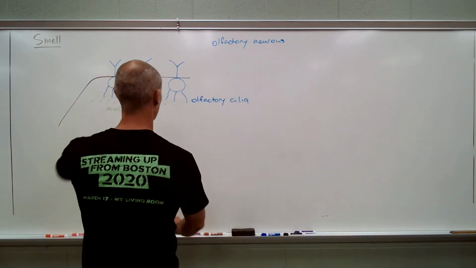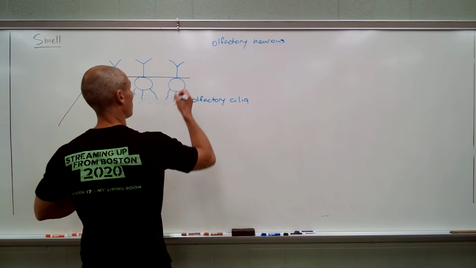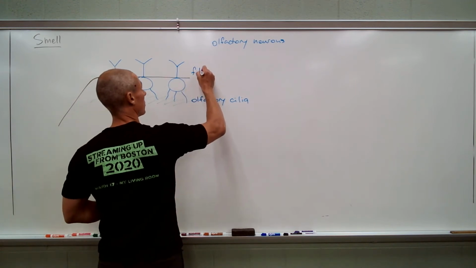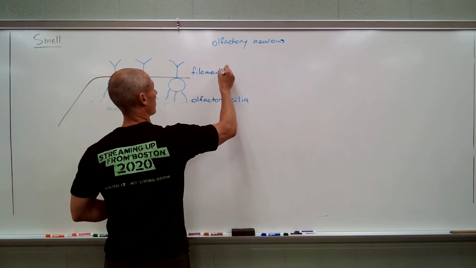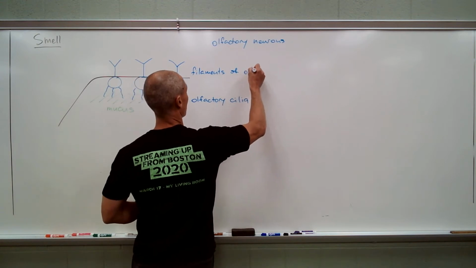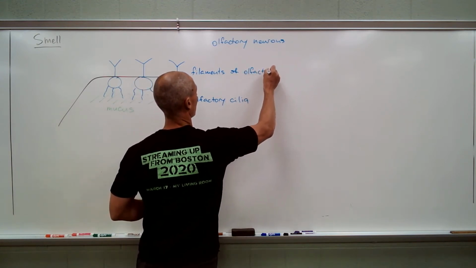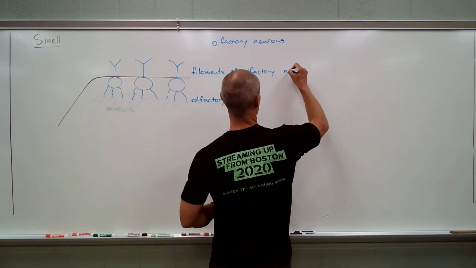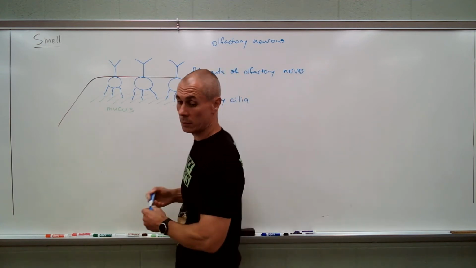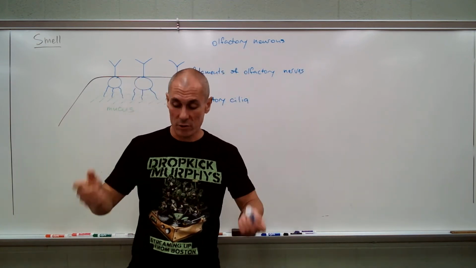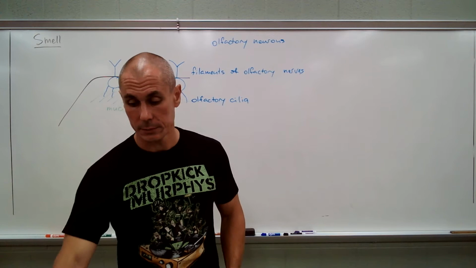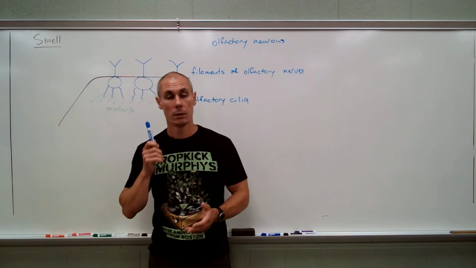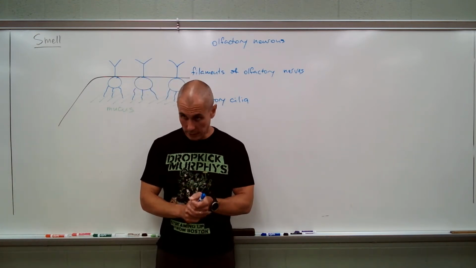Axons here are called filaments of olfactory nerves. Sometimes they're called olfactory filaments. Does it make sense?